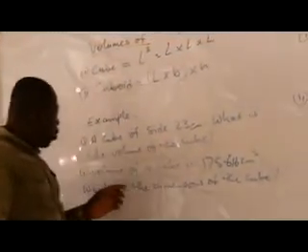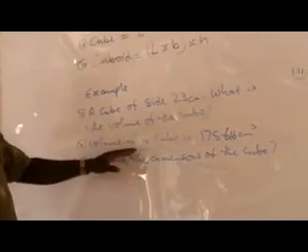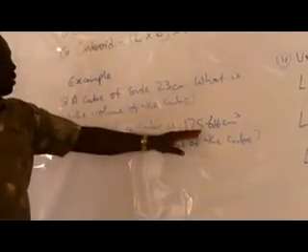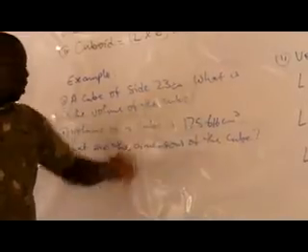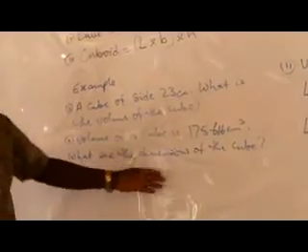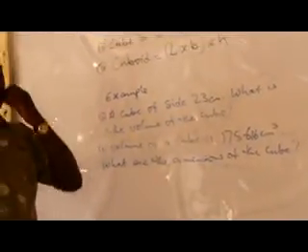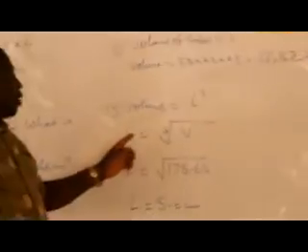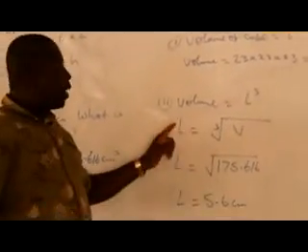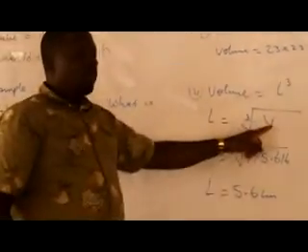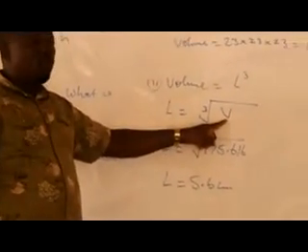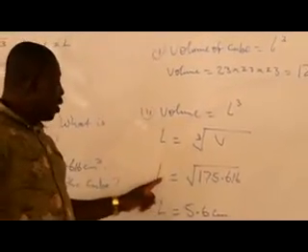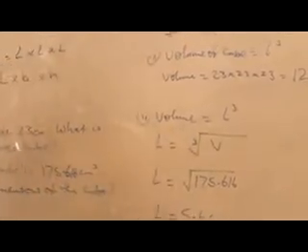Then the second question says the volume of a cube is 175.616 cm cubed. What are the dimensions of the cube? Remember, in a cube all the sides are equal. So volume of the cube is L raised to power 3. Since you are asked to find the length, you make the length the subject of formula. L is the cube root of the volume.